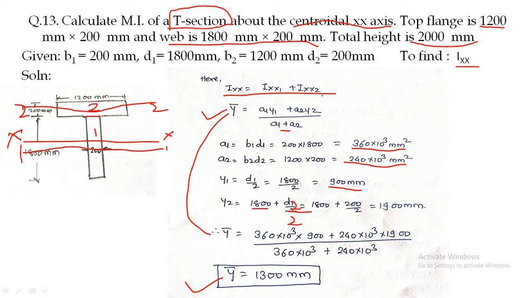As we have seen in the last question, here also Ixx1 is the moment of inertia of the first section with respect to the horizontal central axis of the whole plane. The horizontal central axis of the first plane is parallel to that of the whole plane, so here we have to use the parallel axis theorem.